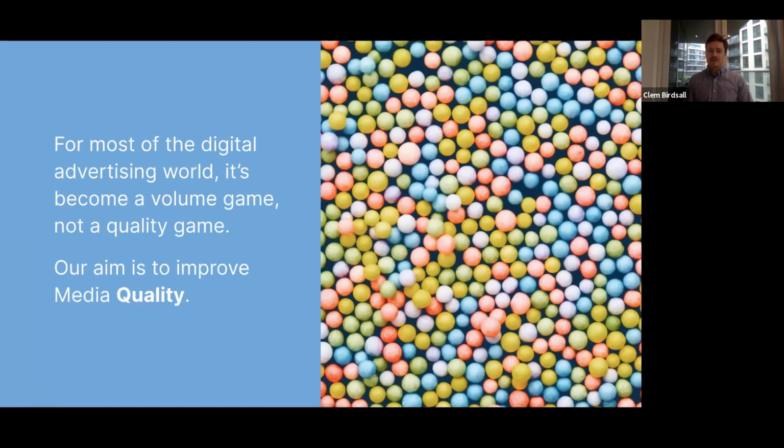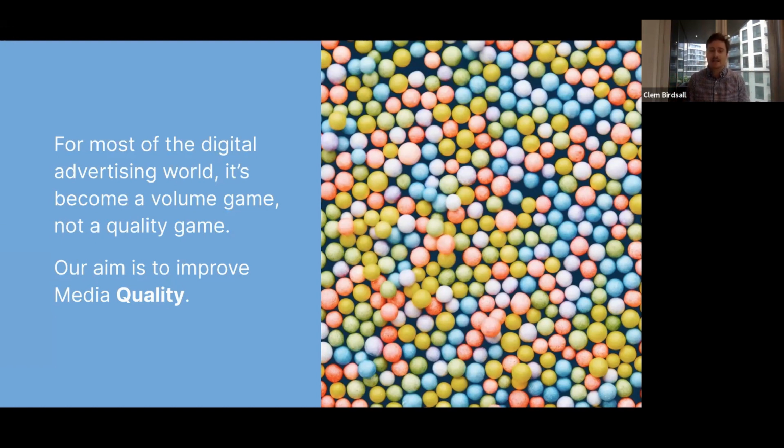Much of digital media, the most traded currency has been CPMs. The more CPMs that are delivered at the cheapest rate is generally what advertisers have been wanting to purchase. This aim for cheaper impressions has led to more quantity being available, but not necessarily of the highest quality.